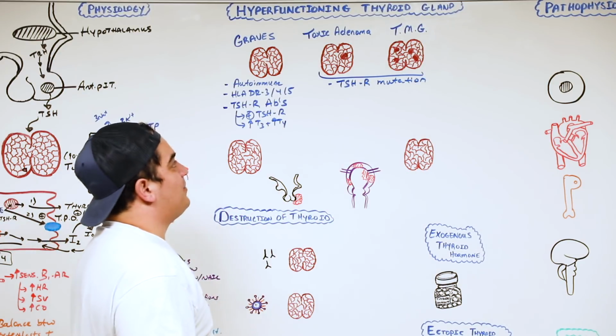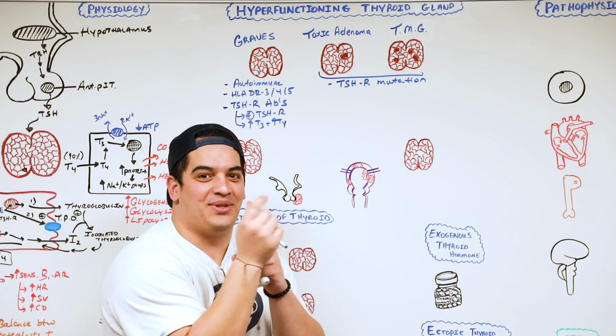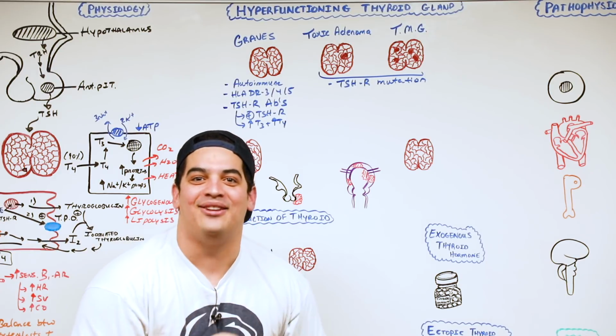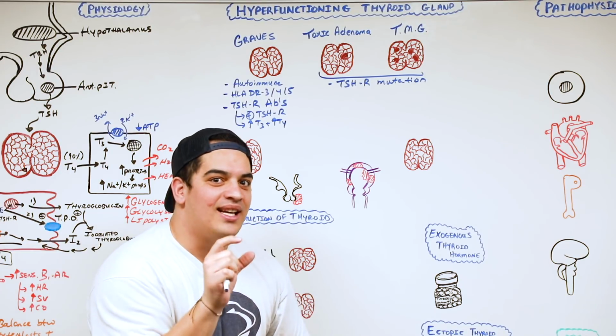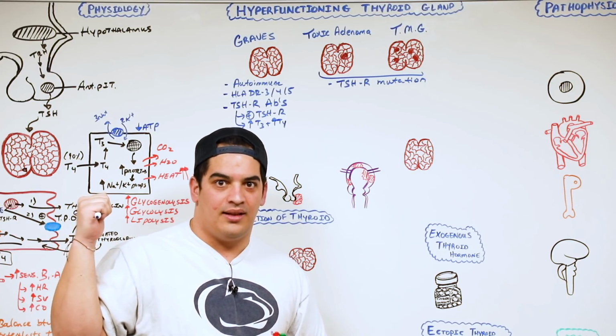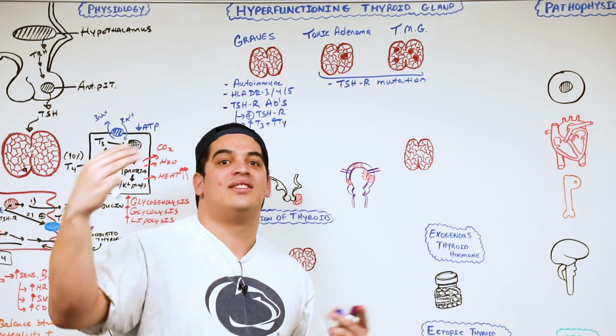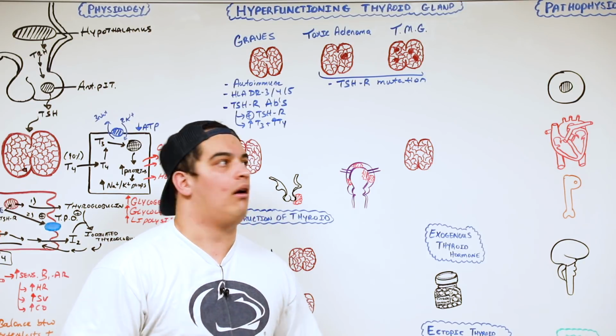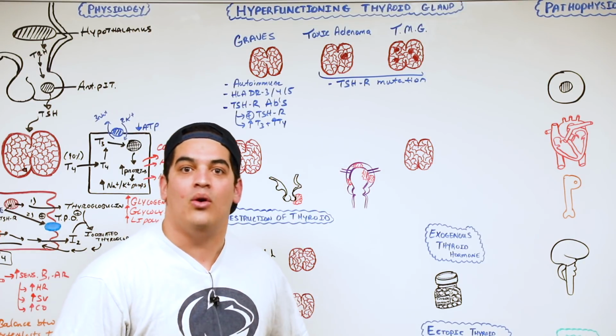They mutate the TSH receptor so that it can auto-activate itself. If the TSH receptor can auto-activate itself, what does it do? Stimulates thyroglobulin synthesis, stimulates the thyroid peroxidase, stimulates thyroid hormone production. That's how it produces a lot of thyroid hormone.